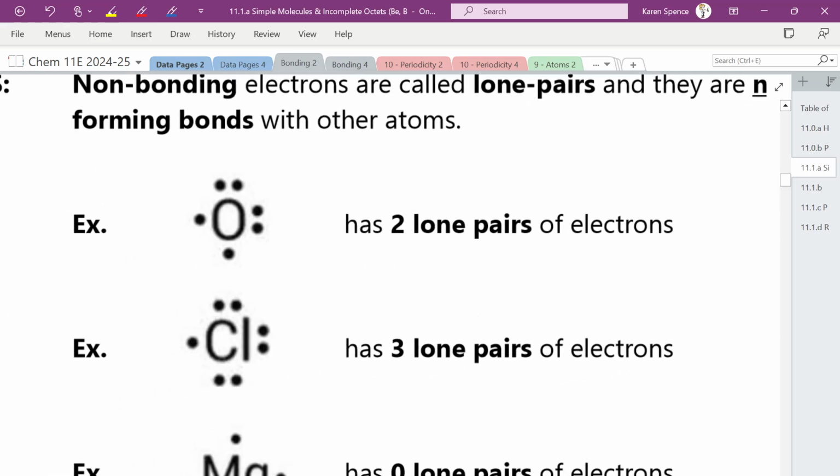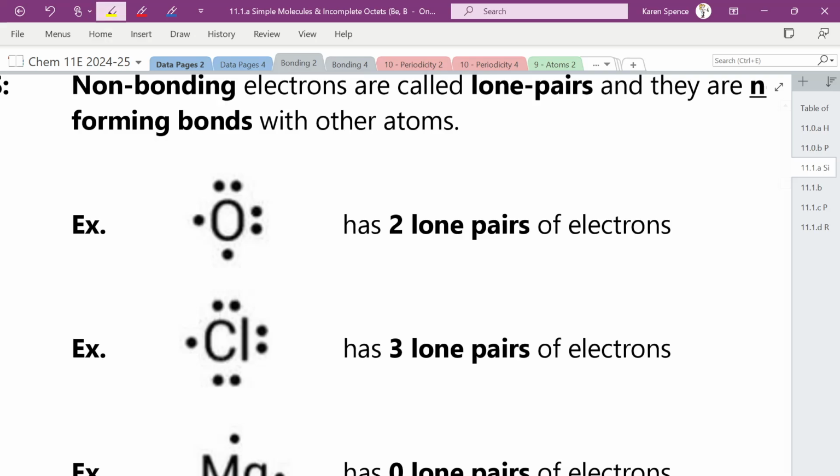So oxygen has 2 lone pairs. These are not involved in bonding. These are non-bonding. How many bonds does that make it very likely that oxygen will form?